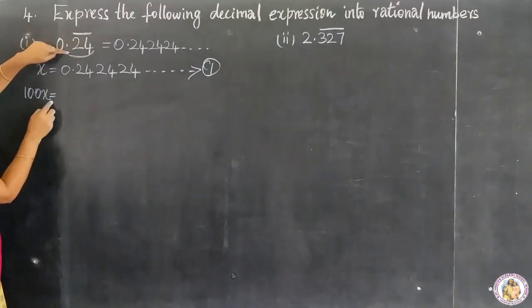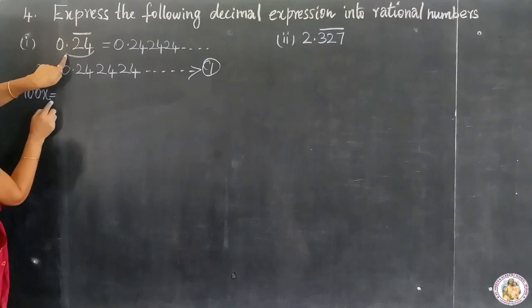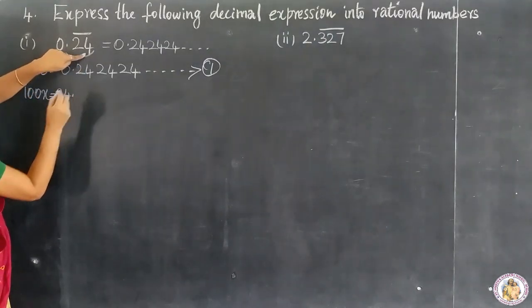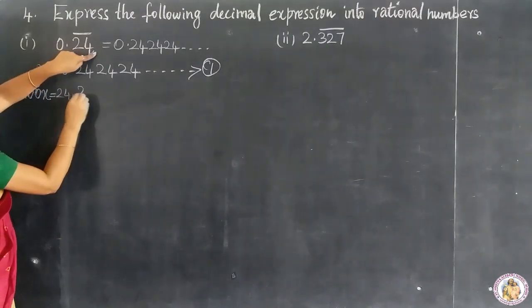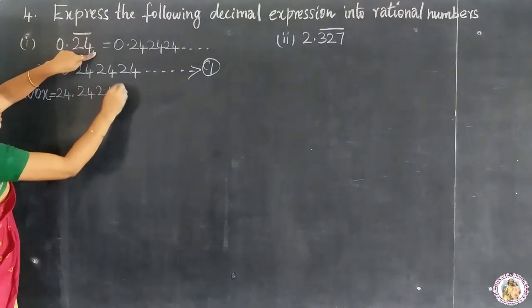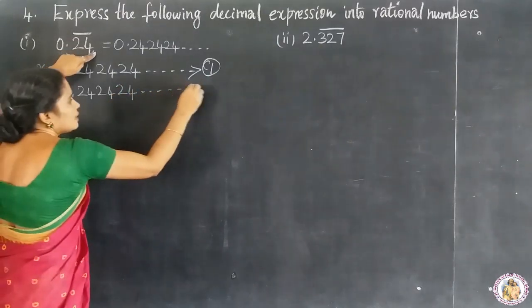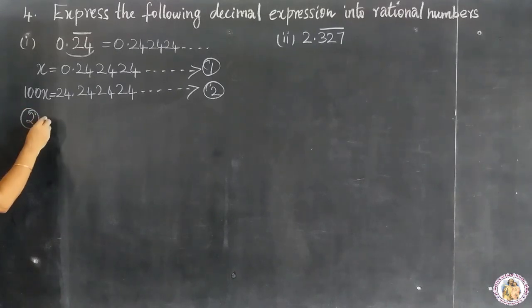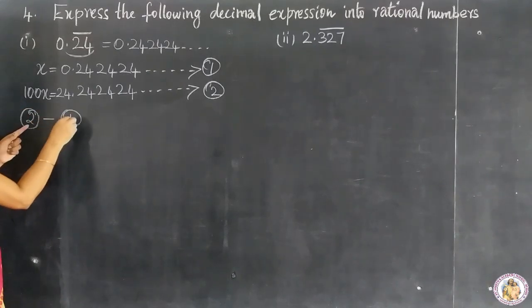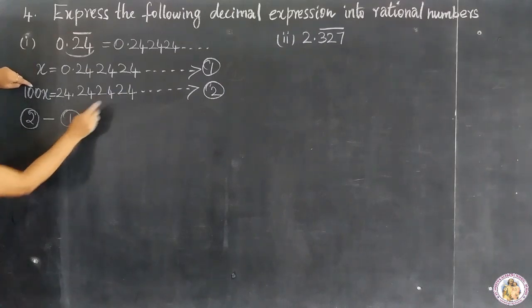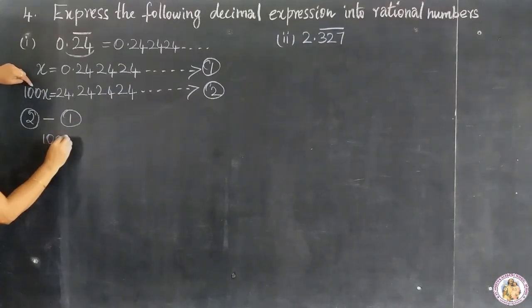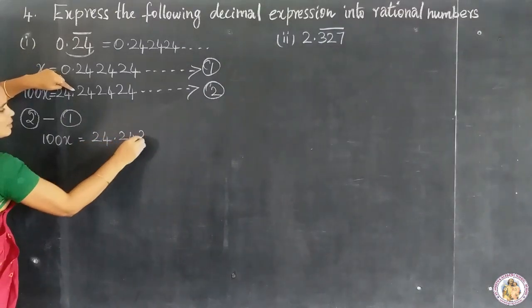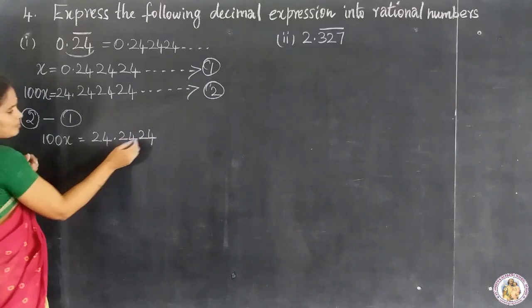So 100 into x. After moving 2 places, that is 24 decimal, and then again we will be having 24. Taking this as equation number 2. So in the next step, subtract equation number 2 minus 1. So taking second equation, that is 100x is equal to 24.2424. You can write any number of times.